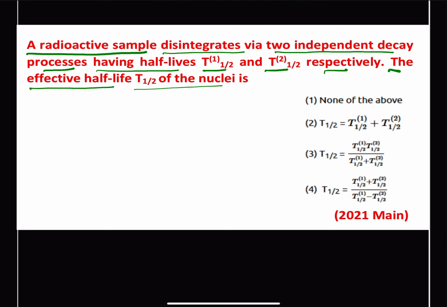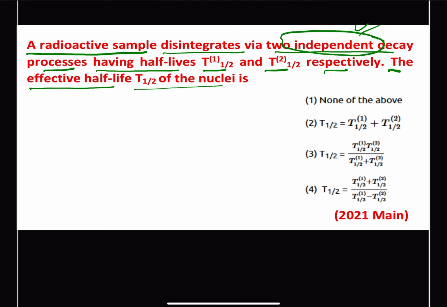So we have one sample which disintegrates independently. This is the keyword here, independently, because only then can we use the effective decay constant formula, which will be equal to lambda 1 plus lambda 2. This is only possible when both decays are independent of each other.